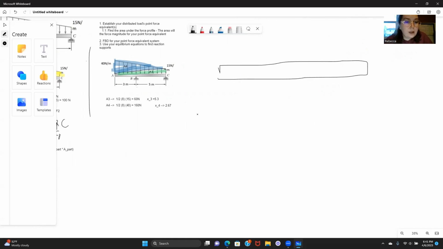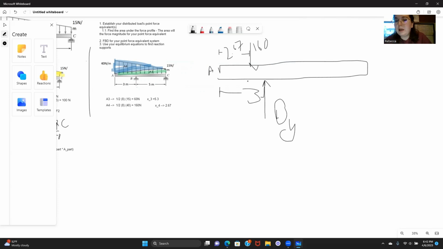So the first force we're going to hit, if we're traveling from A left to right, is at 2.67. We're going to have a force of 160 newtons. And then the next one we would hit would be at the 3 meter mark. This force of By.